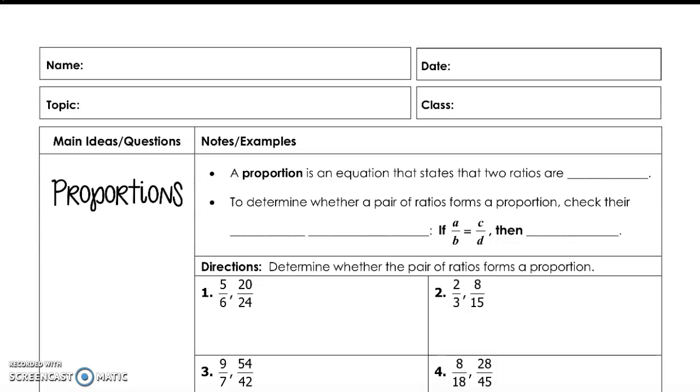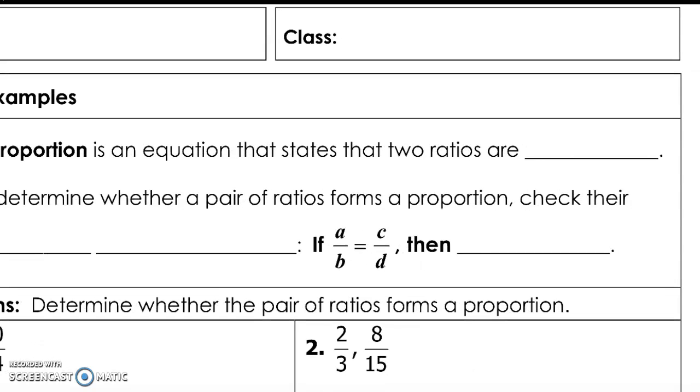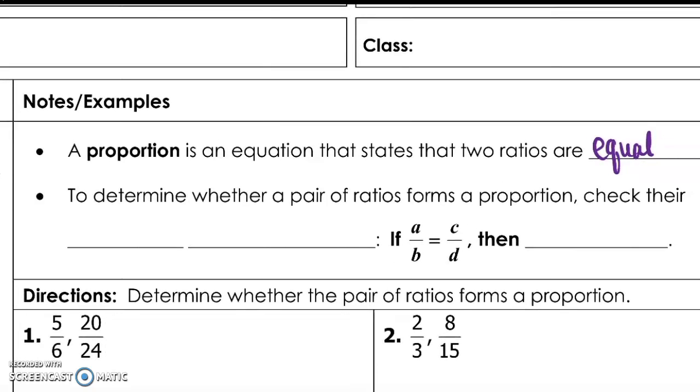Well, when we talk about an actual proportion, it's an equation that states that two ratios are equal. So when we solve proportions and when we determine whether they are a proportion, we do something called their cross product.